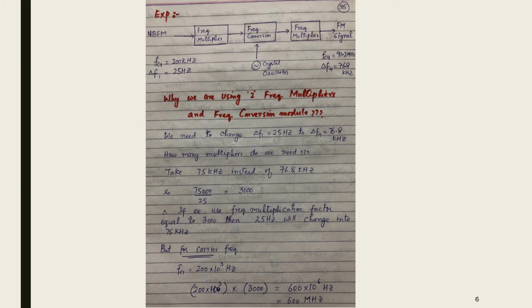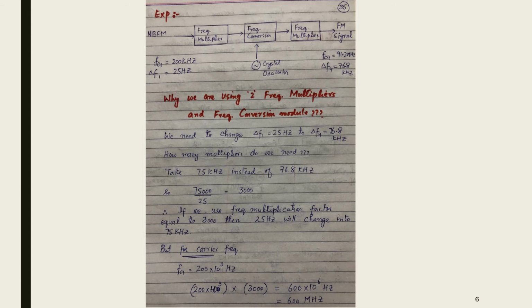So to answer this question, we can start from here, that we want to convert this delta F1, which is 25 hertz, into 76.8 kilohertz. So the first question is, how many multipliers do we need? Because we are trying to multiply 25 with some unknown factor so that we may get 76.8 kilohertz.